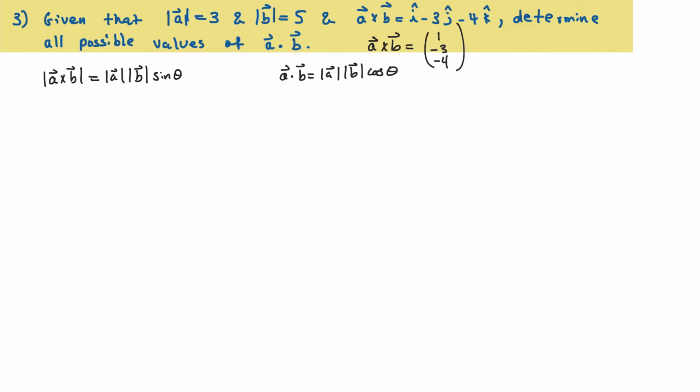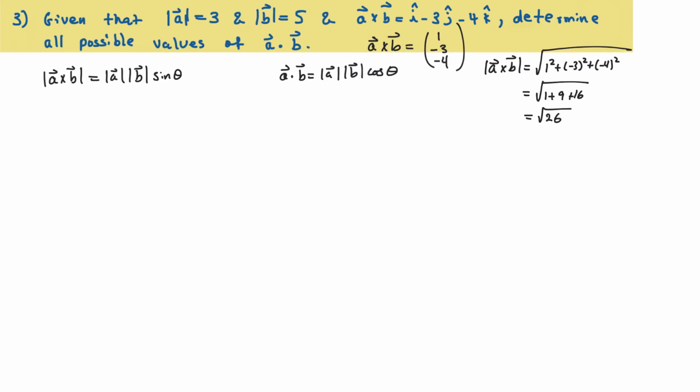Okay, let's start by finding the magnitude of the cross product of vectors A and B. That is the root of the x component squared plus the y component squared plus the z component squared. That will end up being 1 plus 9 plus 16, which is the root of 26.